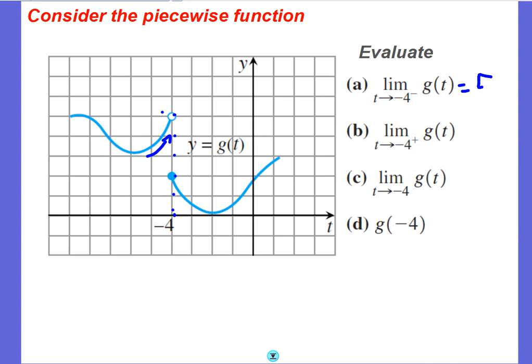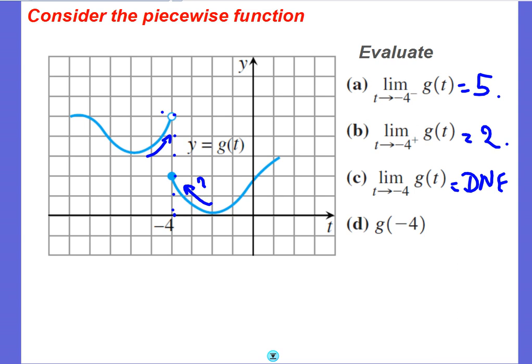This is 5. So from the left side is 5. From the right side, it is 2. And because the limit from the left side and from the right side are not the same, this limit does not exist.